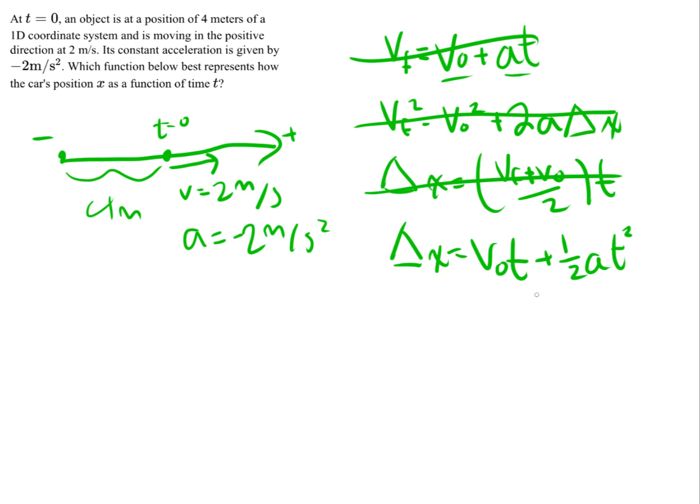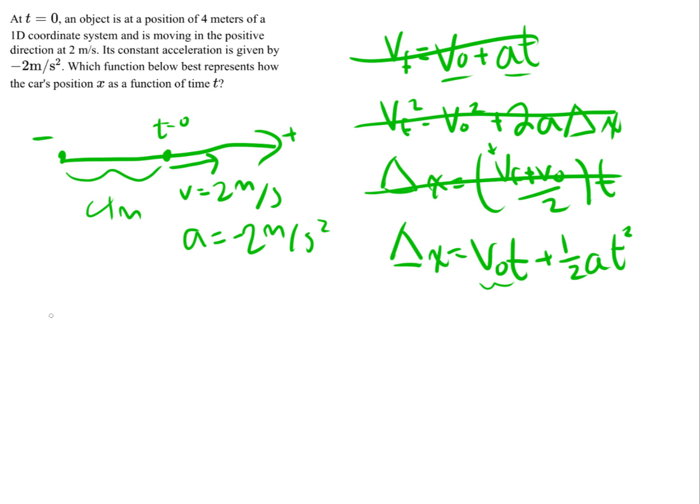We have a velocity and an acceleration, and the displacement is given as a function of time. Since t equals 0 is the origin of time, we don't have a value for the final velocity, and the initial velocity is the one given to us.